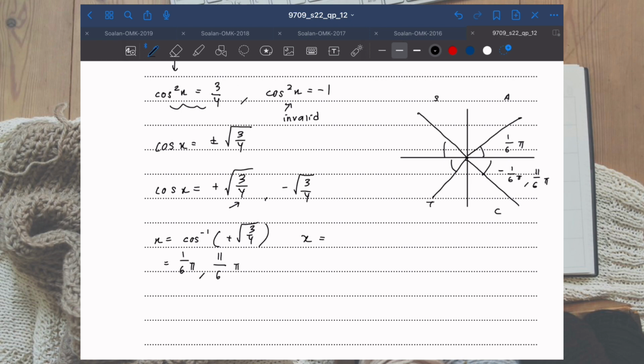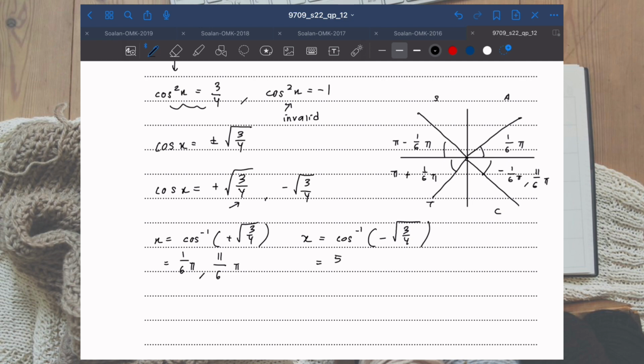And your angles in the negative quadrants are cosine negative square root 3 over 4. So this will be pi minus 1 over 6 pi and pi plus 1 over 6 pi.